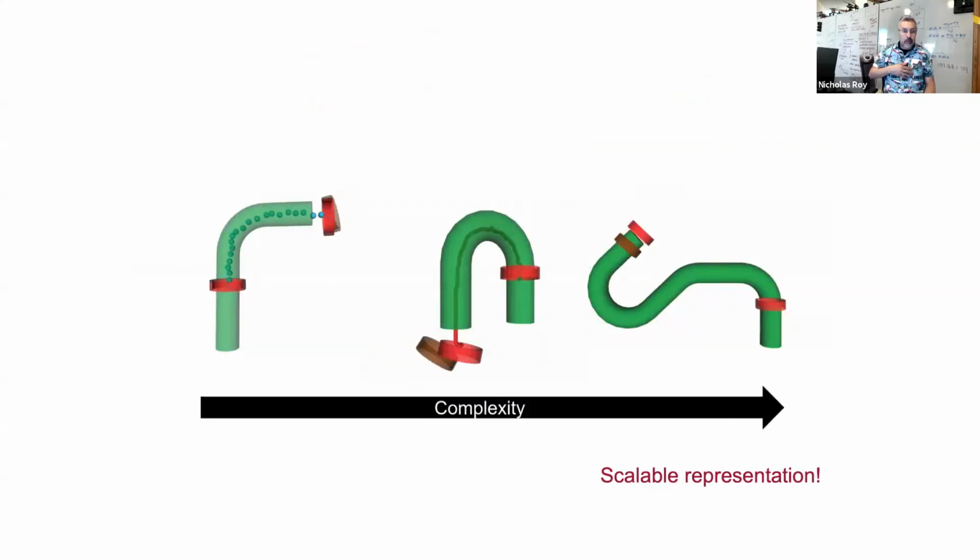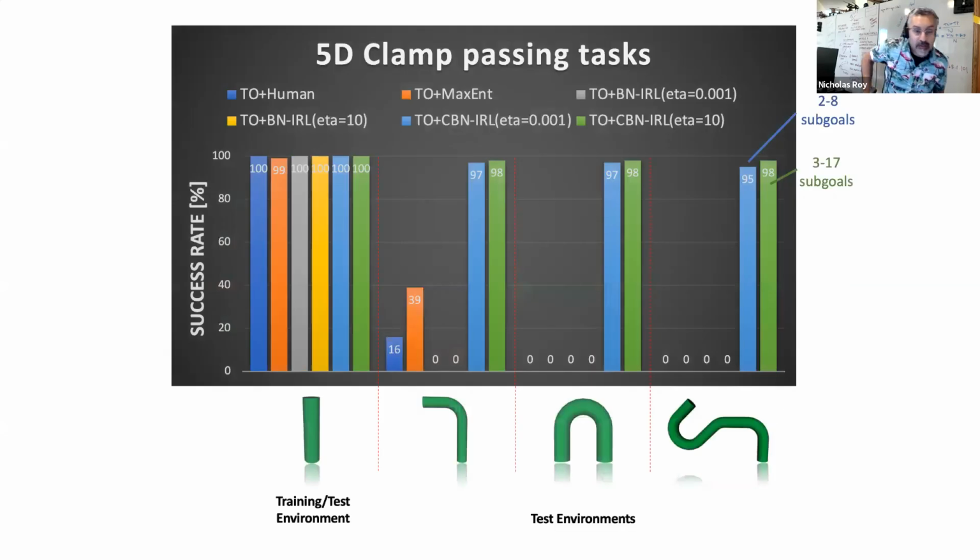But it also gives us a greater degree of generalization, in the sense that, given a single demonstration, we can generalize very satisfyingly to much more complicated tasks. If we train on the straight pipe and then test on the straight pipe, all of these different techniques do well.